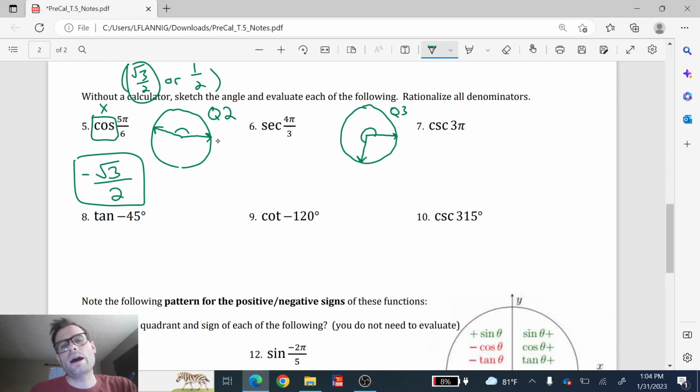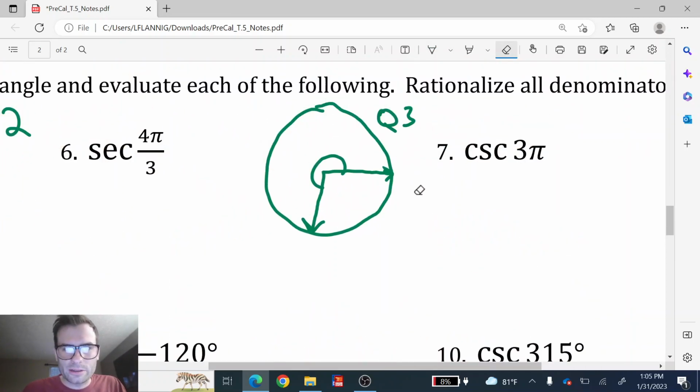And I know this is a pi over 3, so I know that it's going to be a square root of 3 over 2 and a 1/2. And because I know it's closer to the y-axis than it is to the x-axis, the y is going to be bigger. So you have 1/2 and the square root of 3 over 2. Let me rewrite that. I know that's kind of ugly. I'll scroll in to make it a little easier to see.